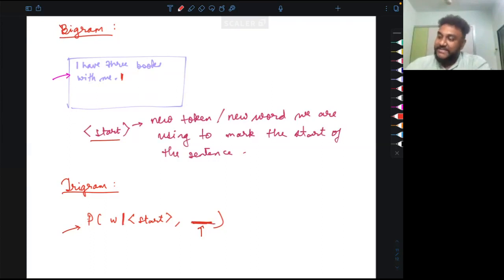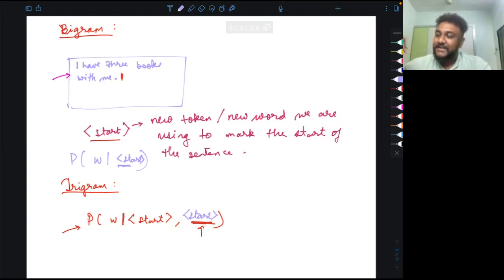So the question I was asking was, what should I put here? When I was doing bigram, it was probability of word given start. I solved this problem by putting a start there. So is it okay if I just put another start here, or should I use a separate token for this? What do you think? Who thinks start is better?